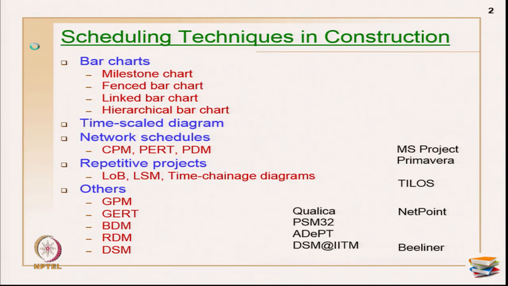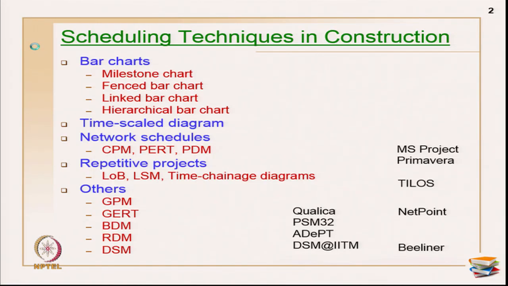Then we have Qualica, PSM 32, Adapt, then DSM at IITM. These are the software we have for DSM analysis. Qualica and PSM 32 you can use up to the partitioning method. Qualica I have not used much. Adapt is a special software developed by the construction group, and you can easily do tearing and repartitioning.